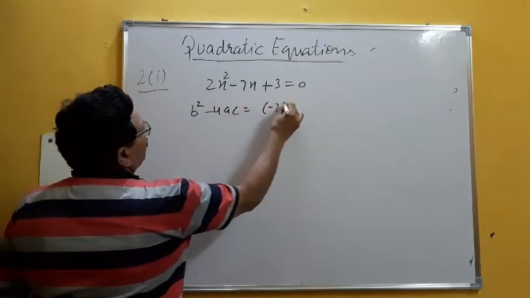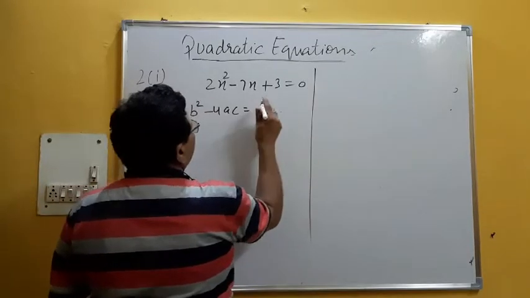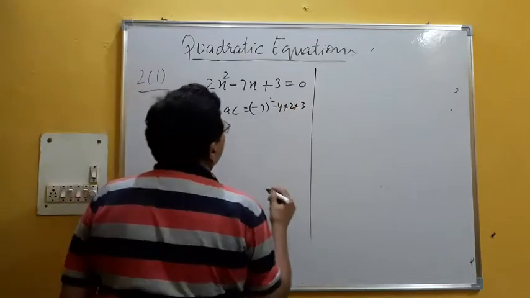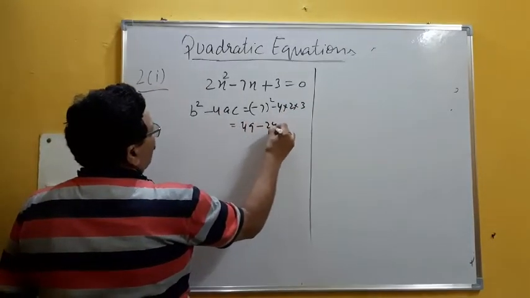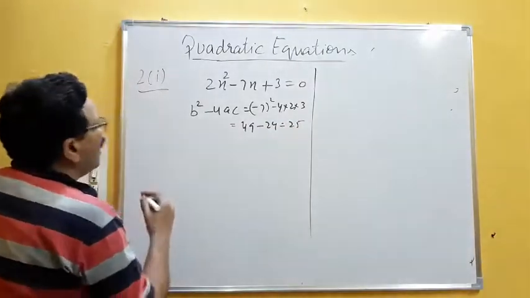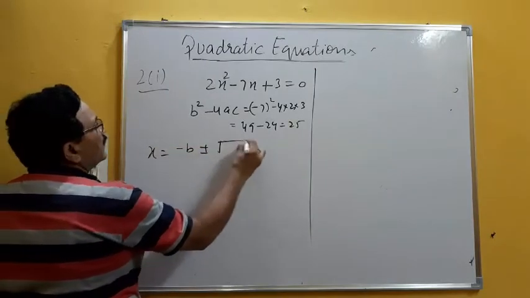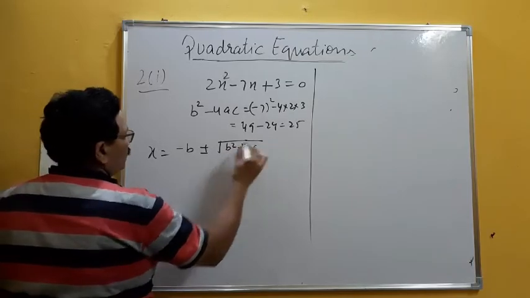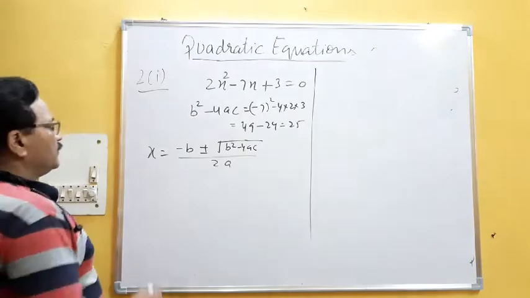This is minus 7 square minus 4 into 2 into 3, and this will be 49 minus 24, 25. Last time it was also coming in the first question. Now use the formula x equal to minus b plus minus root b square minus 4ac upon 2a and substitute the values.